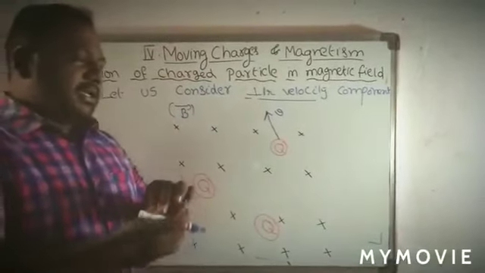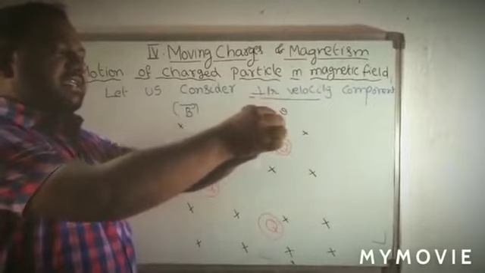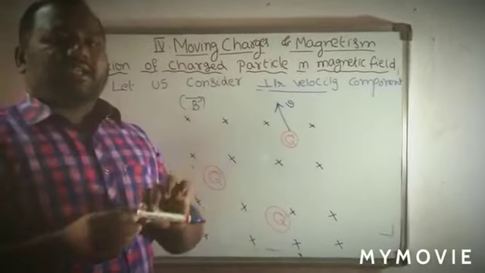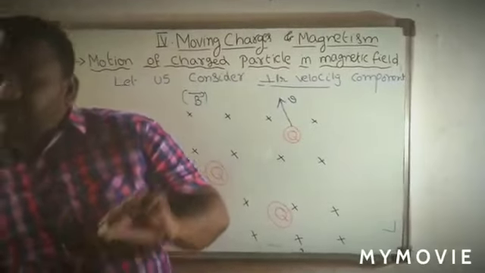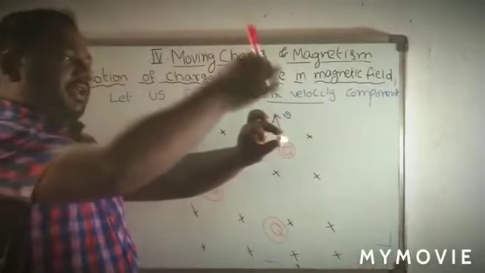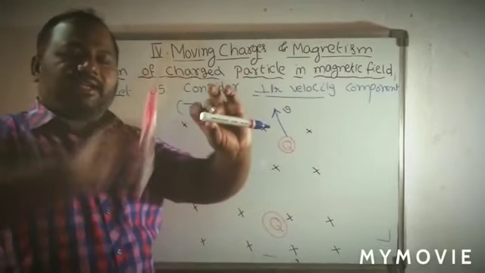Clearly understand: the field is like this, and the velocity is in this manner, so the angle can be taken as 90 degrees. This is the field I represent, and this is the velocity. The angle between velocity and field is 90 degrees.